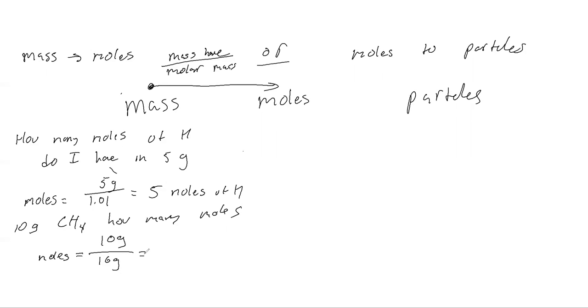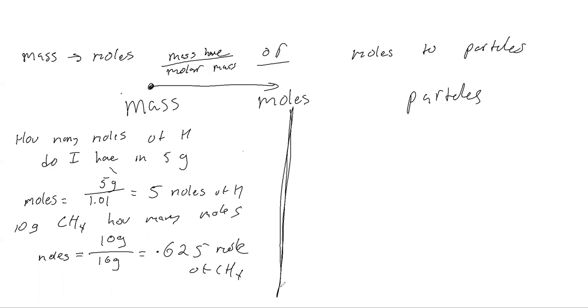In this case, I would have 0.625 moles of CH4. So anytime we go from mass to moles, we take the mass that we have of that substance divided by the molar mass.